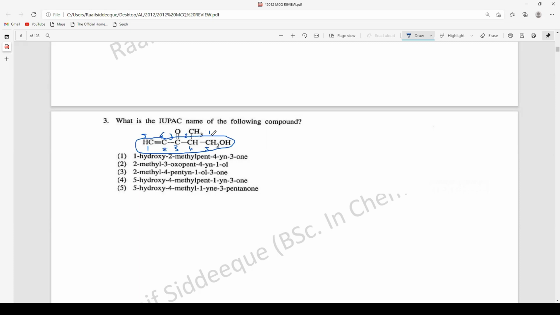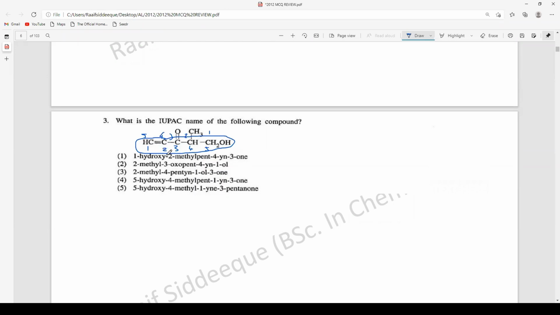Because if you give number 1 here, your unsaturated bond will be at the fourth carbon. You have to check the unsaturated bond and give the lowest number to it.